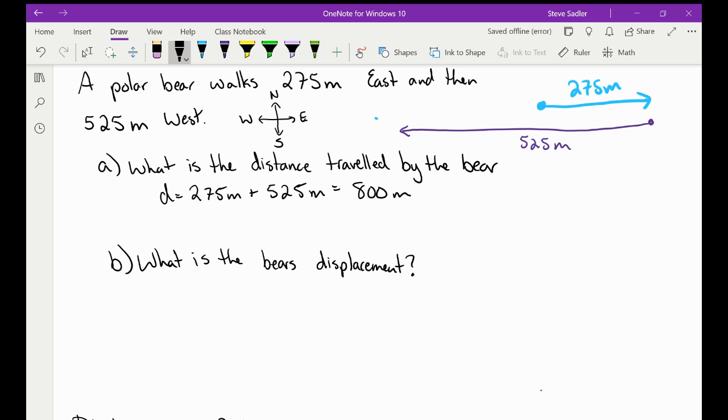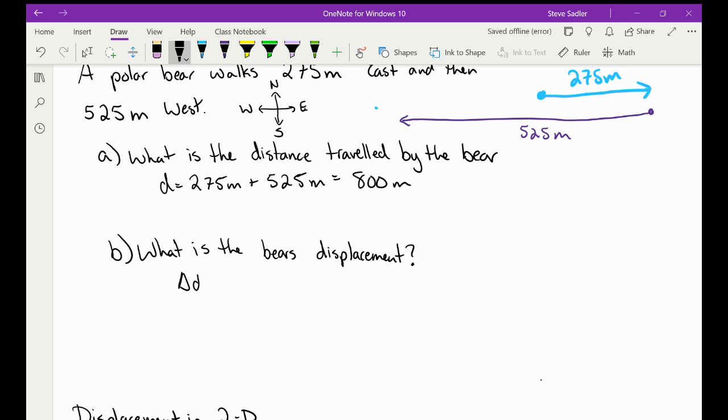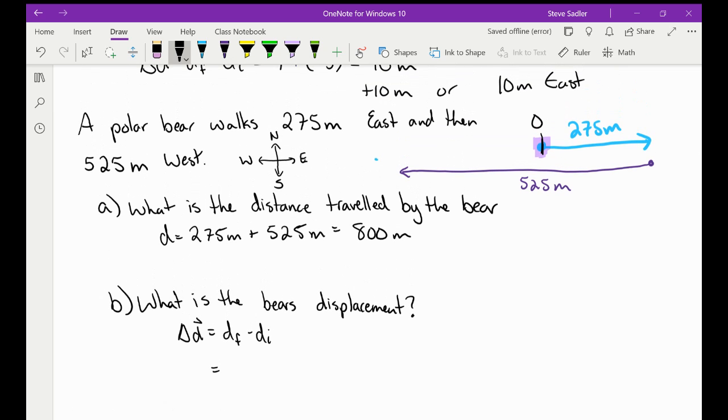What is the bear's displacement? So here we have to talk about, well, we know that displacement is final minus initial. So what is the bear's final position and what is its initial position? Well, we can say initially, where did it start? It started right here, right? And that'll be our 0. Perfect. Where did the bear end? The bear ended right here, right?